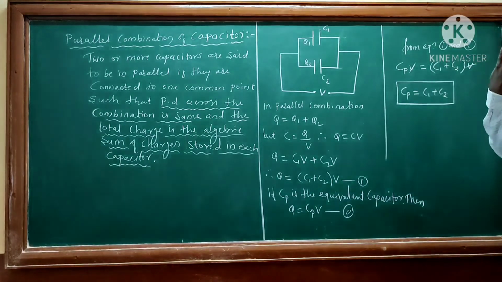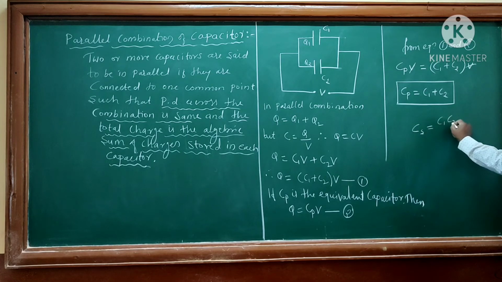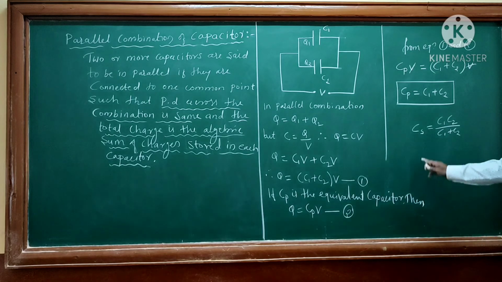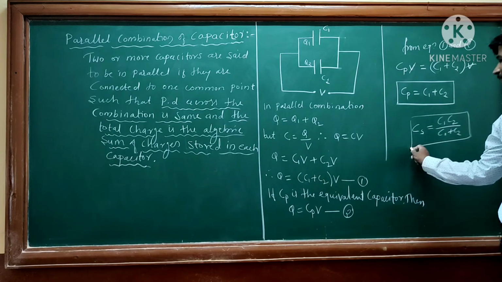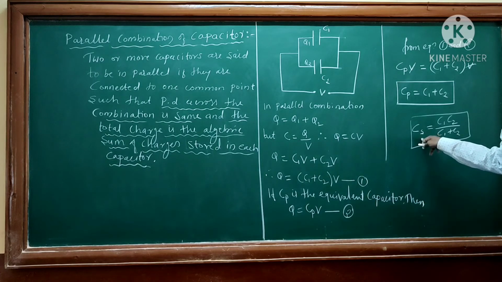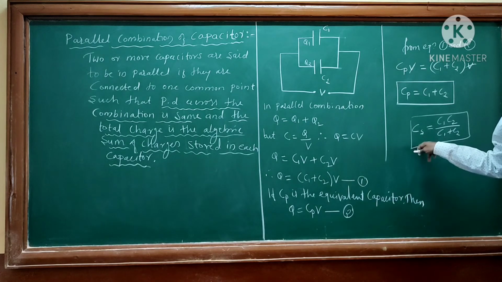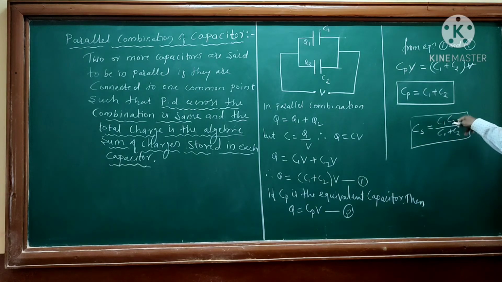So remember one thing here: in series combination we get Cs is equal to C1 into C2 divided by C1 plus C2. Here the equivalent capacitance in series combination is always less than the individual values given.